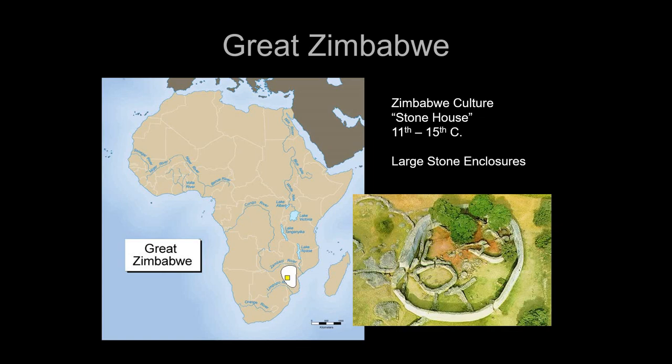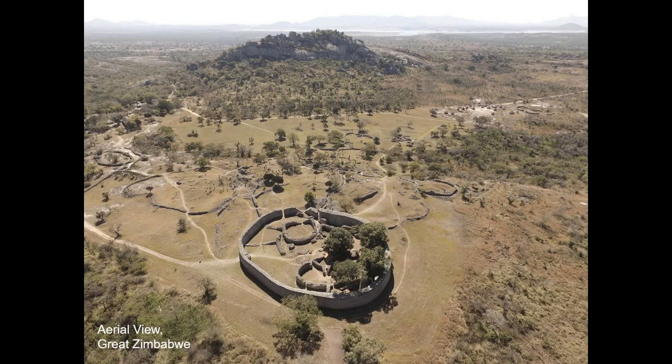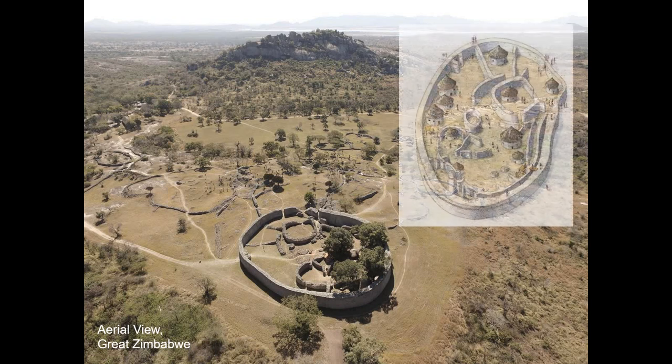There's a whole series of large stone enclosures that are very, very sophisticated. Again, these are citadels, safe places to house yourself and your animals. You don't build something like this unless you have rival groups fighting amongst themselves. This is some serious protection. They're also very well engineered.